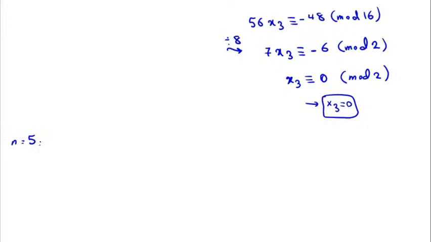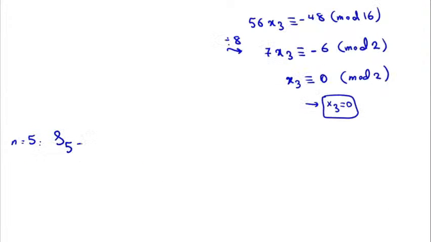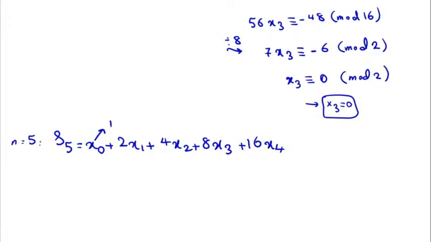Now, x4, let's write some more. We've checked 4, and now 5. So S5 is equal to x0 plus 2x1 plus 4x2 plus 8x3 plus 16x4. x0 is 1, x1 is 1, x2 is 1, x3 is 0. So it will be 4 plus 2, 6 plus 1, 7 plus 16x4.